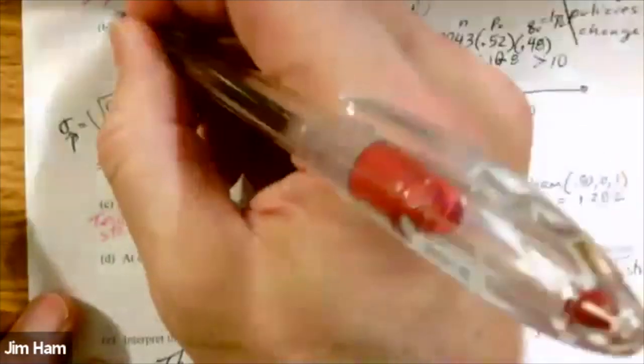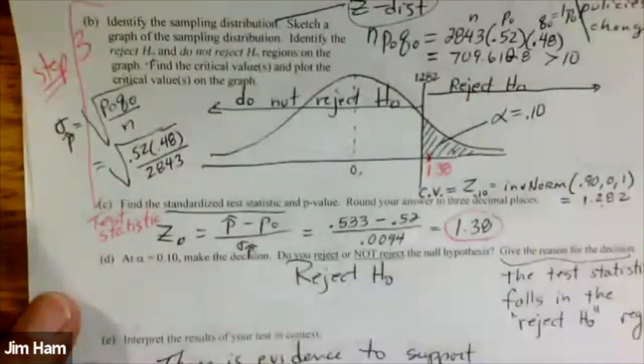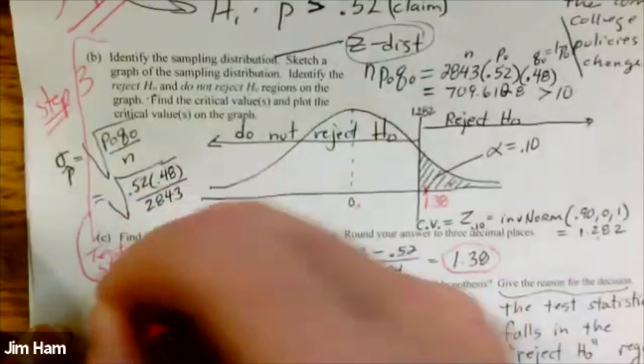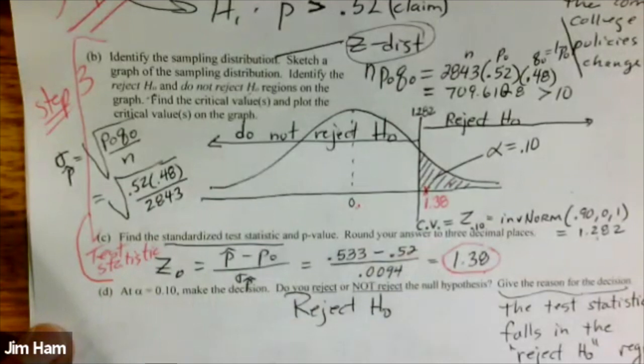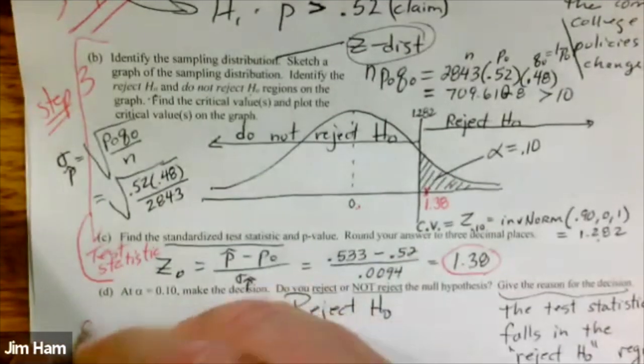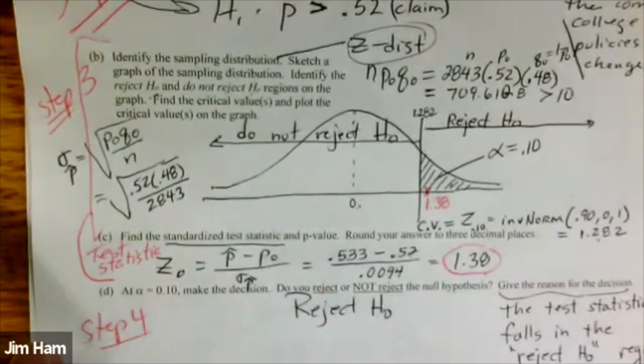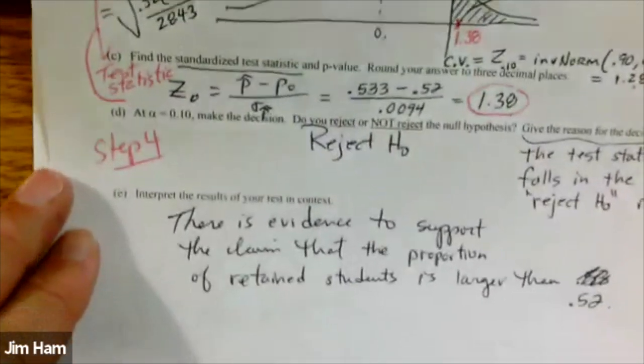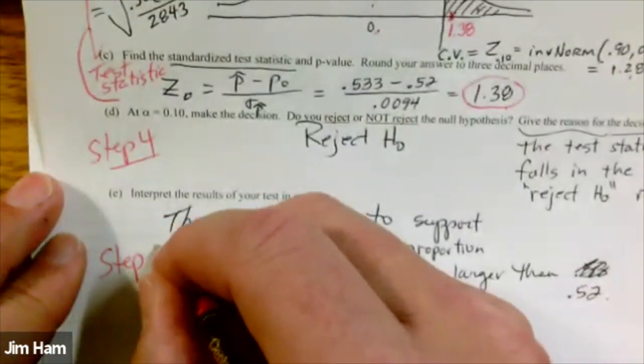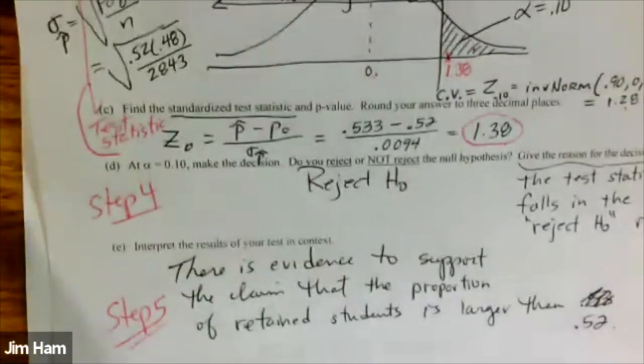Step 3 would be this one, where we gather the evidence, calculate the test statistic. This one here as well. And then to make the decision, that's step 4, part D. And then to state the conclusion, that's step 5. So those are the 5 steps that I'll kind of go through for each of these.